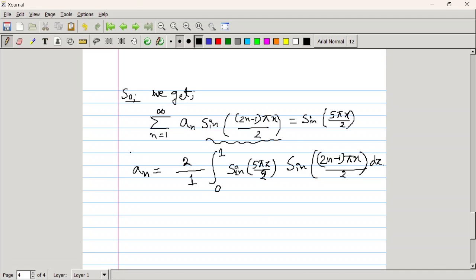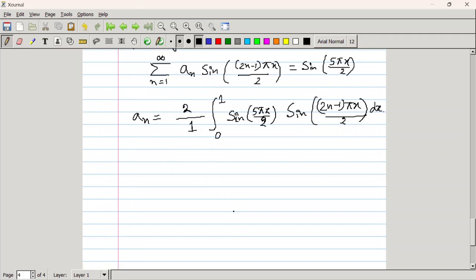Do you know anything about the orthonormal property of sine? Otherwise I will tell; just tell me if you know or not. That is, what will be the integral of sine m pi x into sine n pi x dx from 0 to 1, or with m pi x by 2 and n pi x by 2?